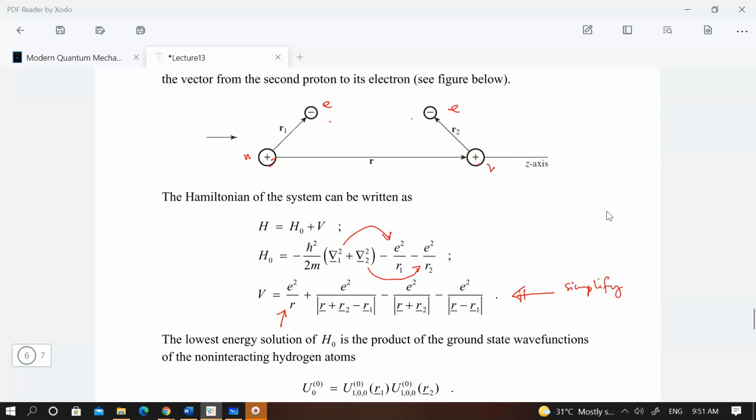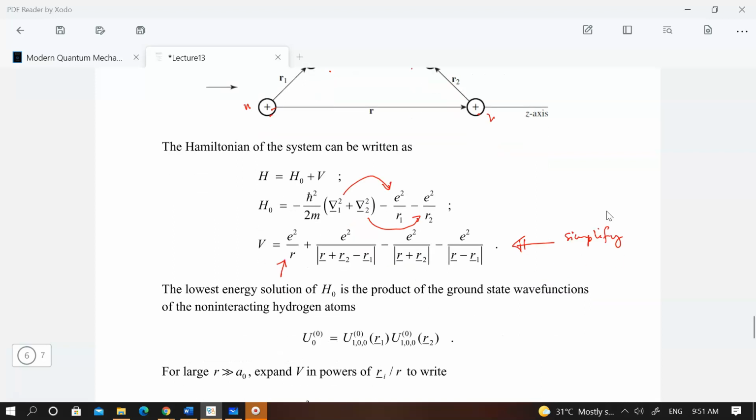Now, okay, let me just move on. So the unperturbed Hamiltonian here is just your Hamiltonian of individual hydrogen atoms added up. Okay.